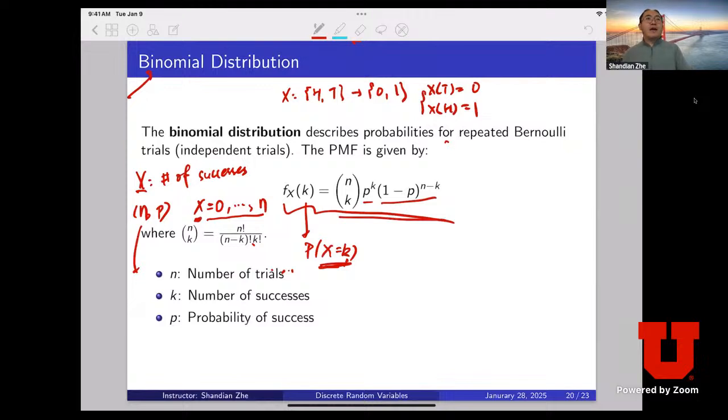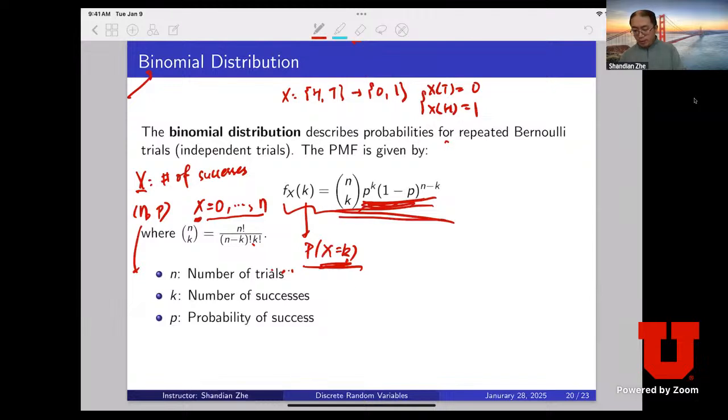And because every sequence has the same chance, the total probability of this event is just the probability of seeing a single sequence multiplied by the number of such sequences containing k heads.